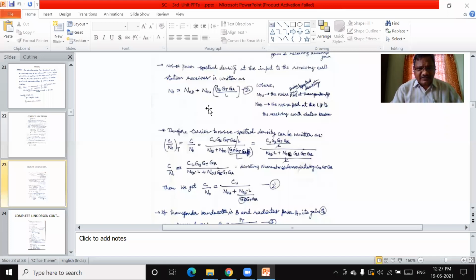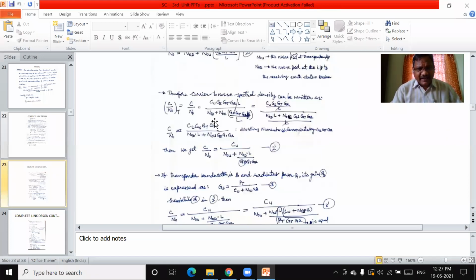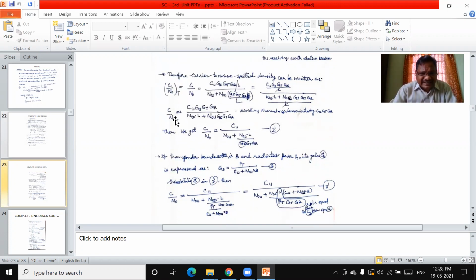You take CU GS GT GR by L, divided by NOD plus NOU into GS GT GR by L. Simplifying, the L terms cancel, and we get C by N naught T is going to be CU GS GT GR by NOD into L plus NOU GS GT GR.